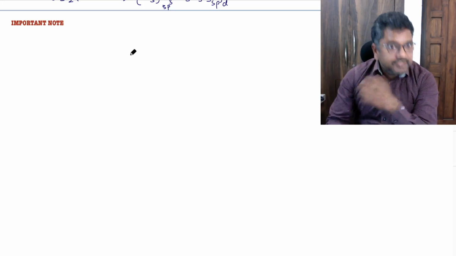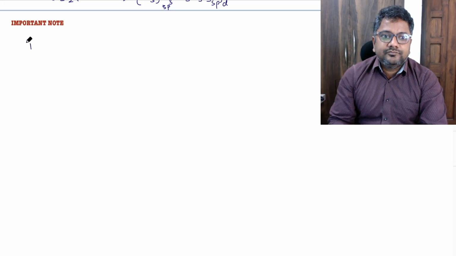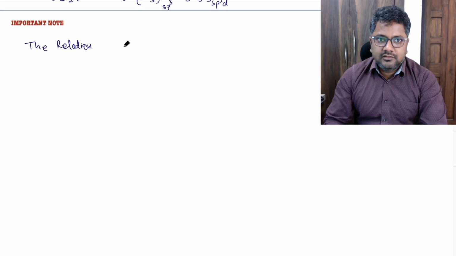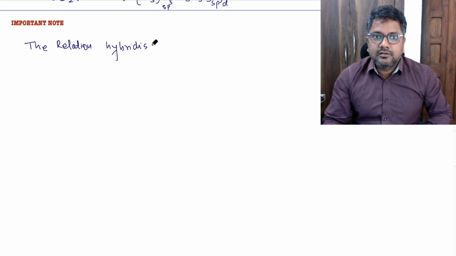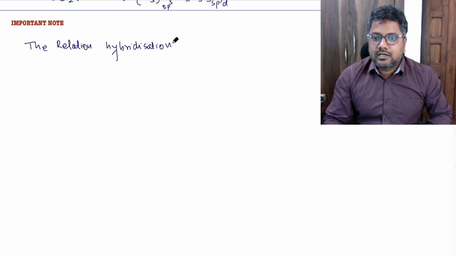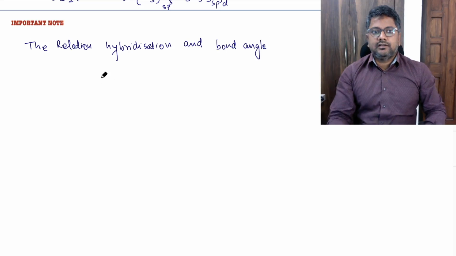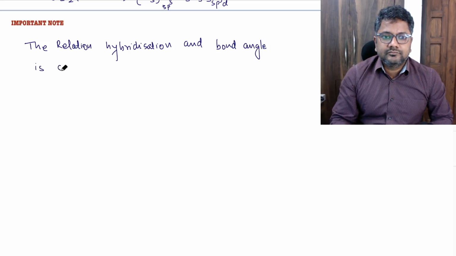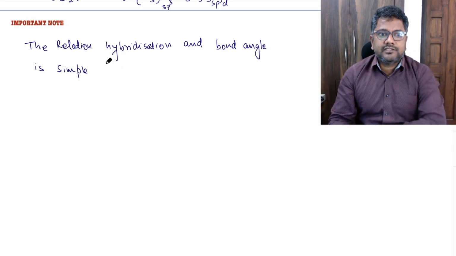So see, the relation between hybridization and bond angle is simple for sp hybrids.